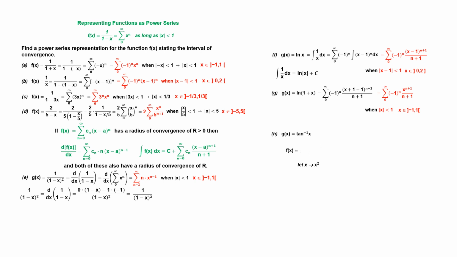So we find the required series by integrating the power series for 1 over x squared plus 1. If we let x equal 0, and note that the arctangent of 0 is 0, it follows that the constant c equals 0.